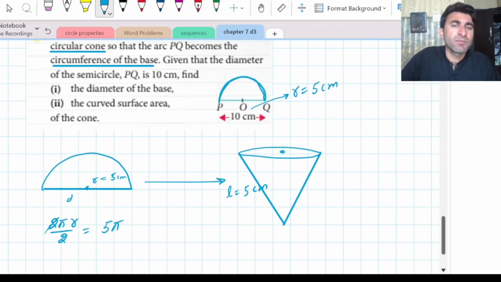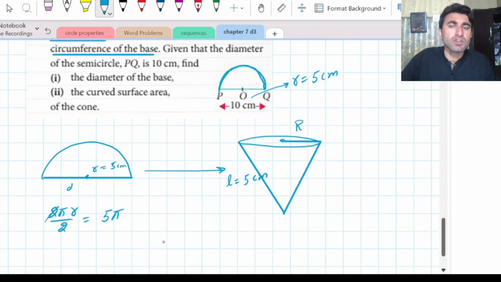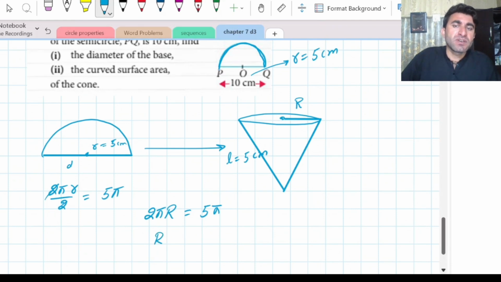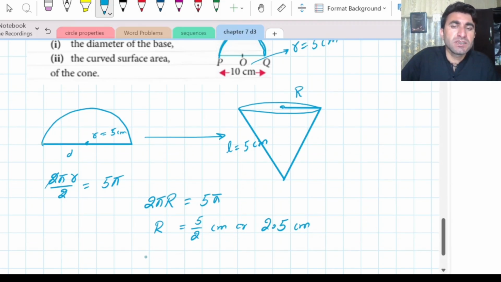If I say that the radius of this cone is capital R, then 2 pi R equals 5 pi, and after we divide by 2 pi on both sides, it will be 5 by 2 centimeter or 2.5 centimeter. But that is the radius of the base of the cone, and we need its diameter, which will definitely be double. So the diameter is 5 centimeter.